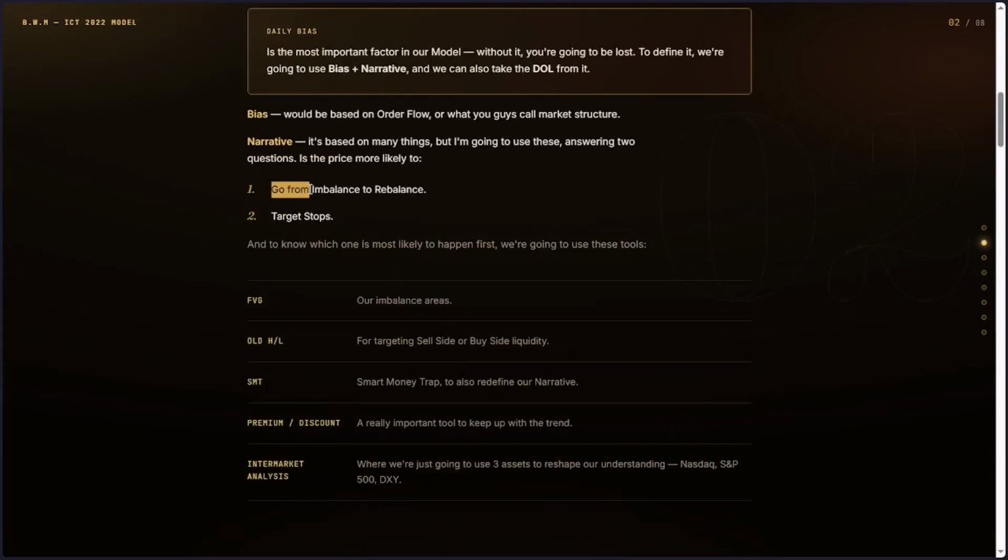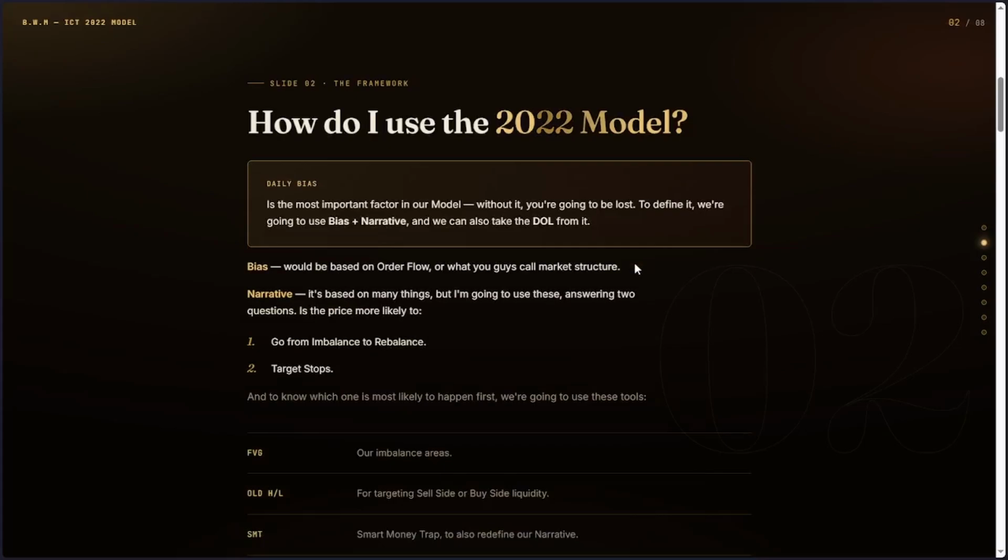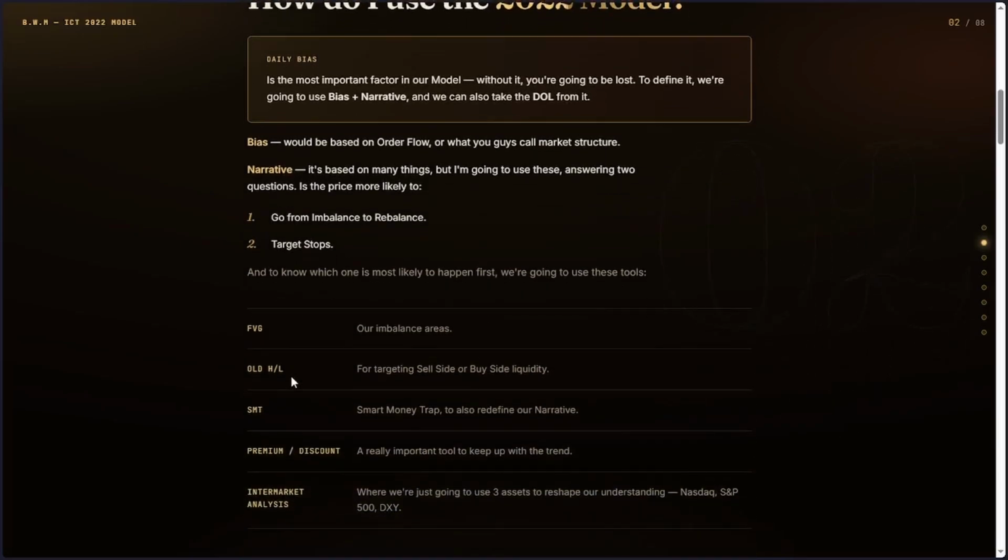Is the market willing to go from imbalance to rebalance, or to target stops? That's how the market actually works. Besides, of course, accumulation, manipulation, distribution, or other IPDA ranges, consolidation, expansion, retracement, reversal.